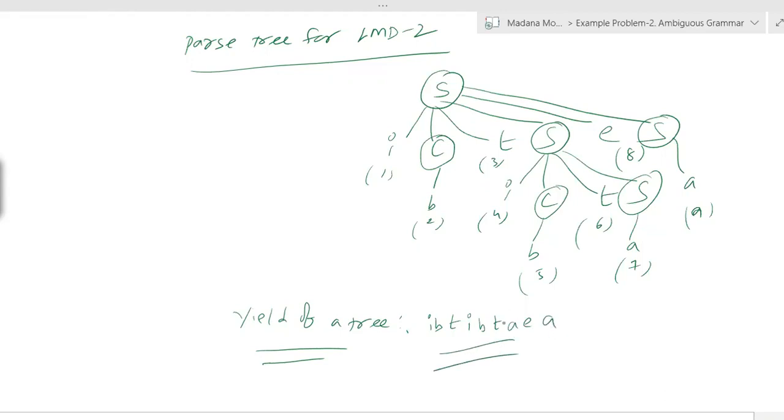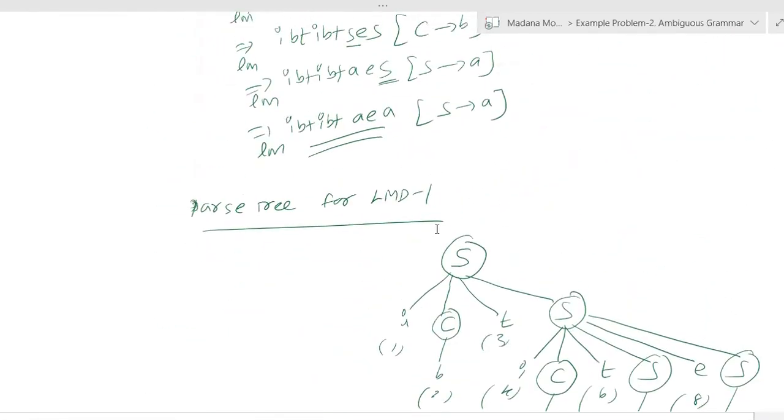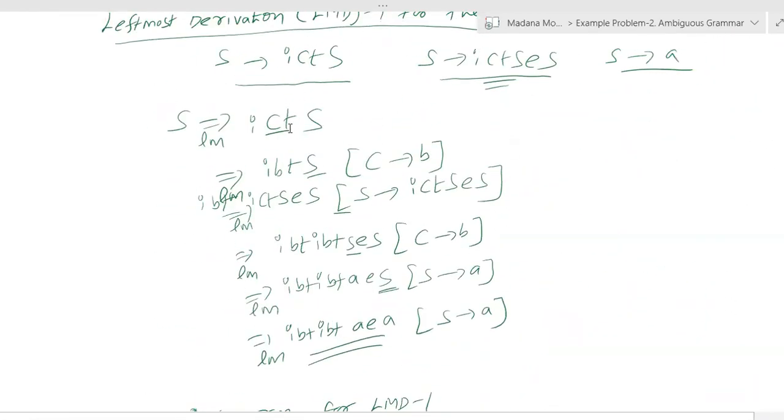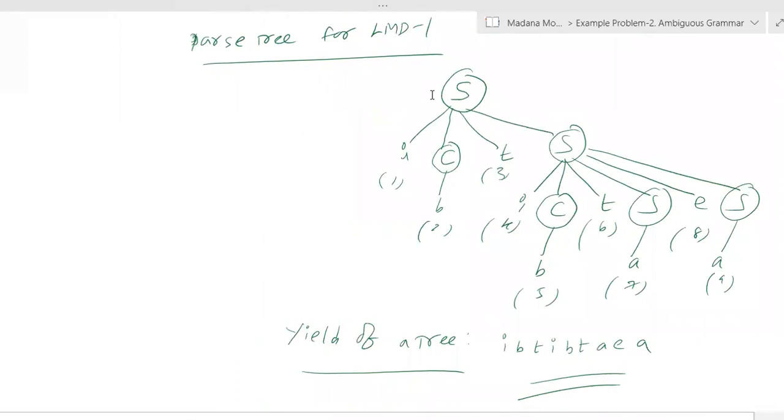Now you can see both derivations, leftmost derivation 1 and leftmost derivation 2, derived the same string. The derivations are different as per the productions considered. Then see the derivation trees also. Here see the leftmost derivation tree 1 for LMD1. Here the root is S, the first production ICTS.